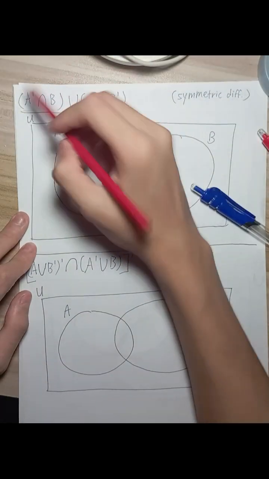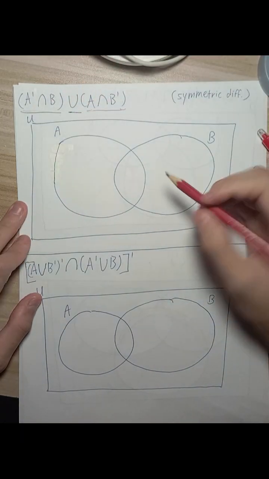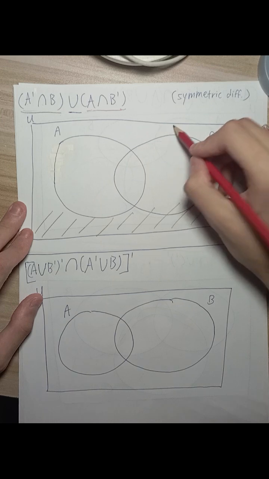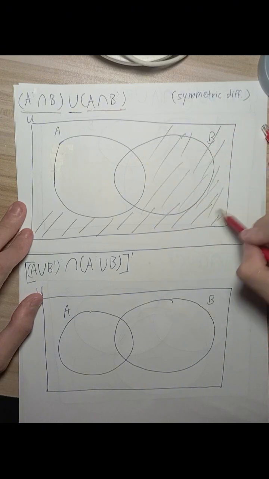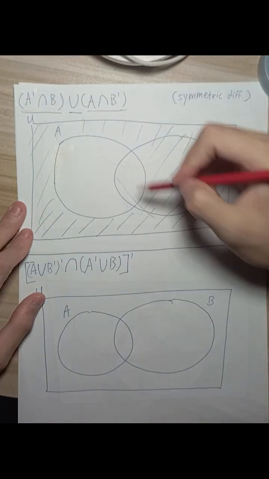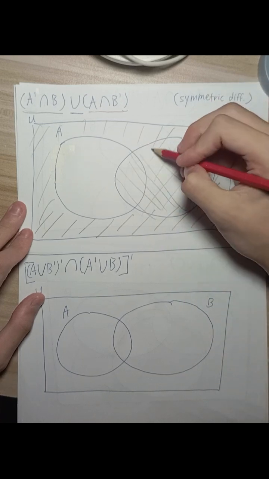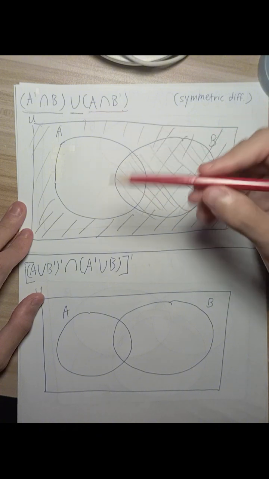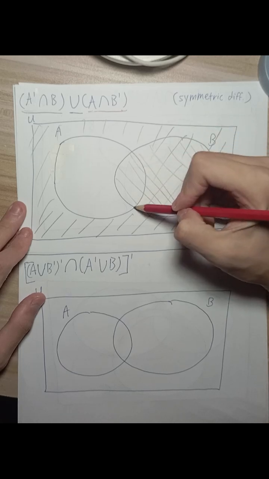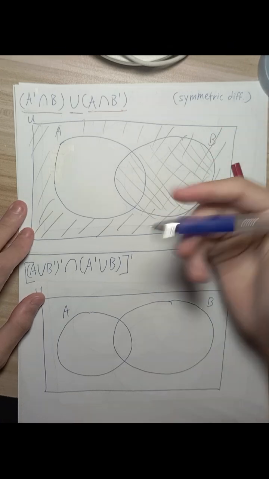So first we want to find the intersection between A prime and B. So A prime is just everything that's outside A. And B is just B. So as you can see here, the part with crisscross lines is the intersection between A prime and B. So only this part has crisscross lines. So we can kind of shape this part.